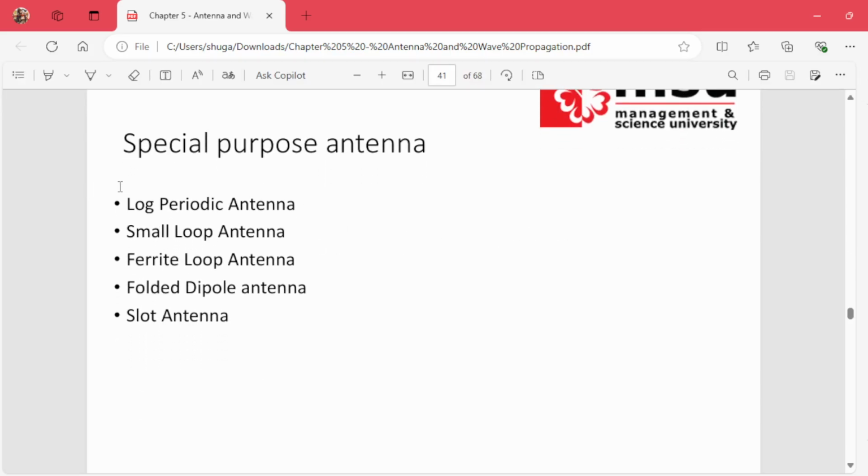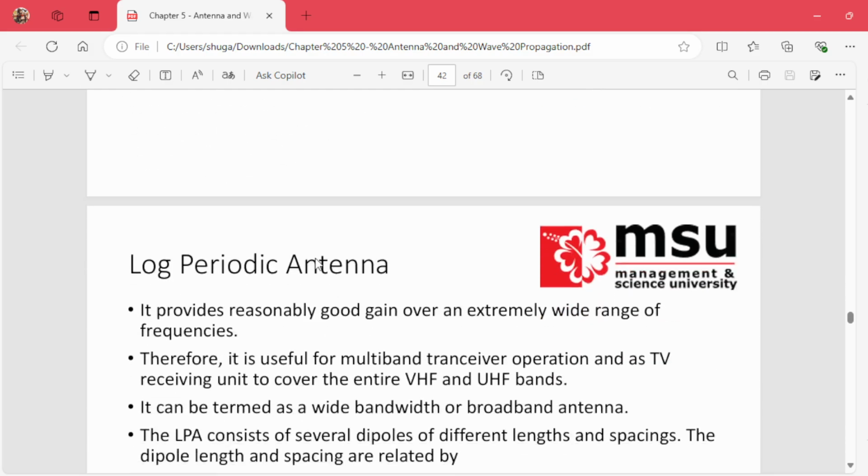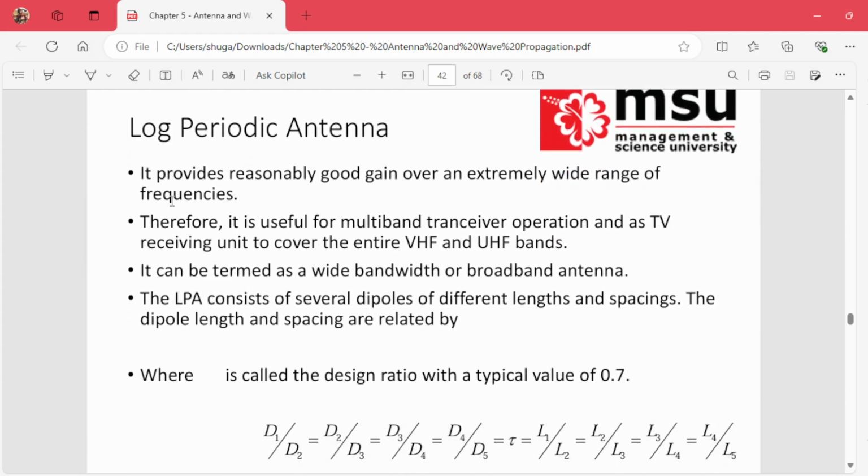Alright, the other ones we talked about just now are the log periodic antenna, small loop, ferrite loop, folded dipole, and slotted antenna. They are special purpose antennas. The log periodic antenna provides reasonably good gain over an extremely wide range of frequency.